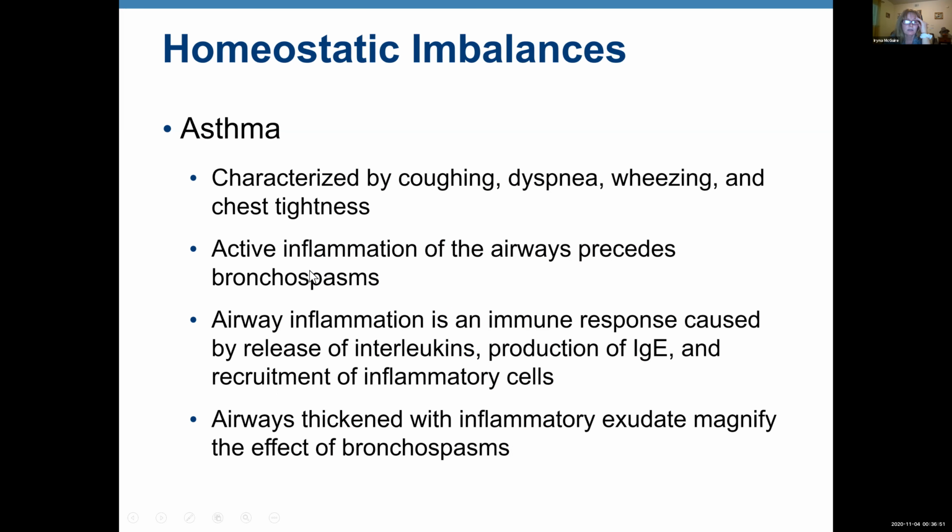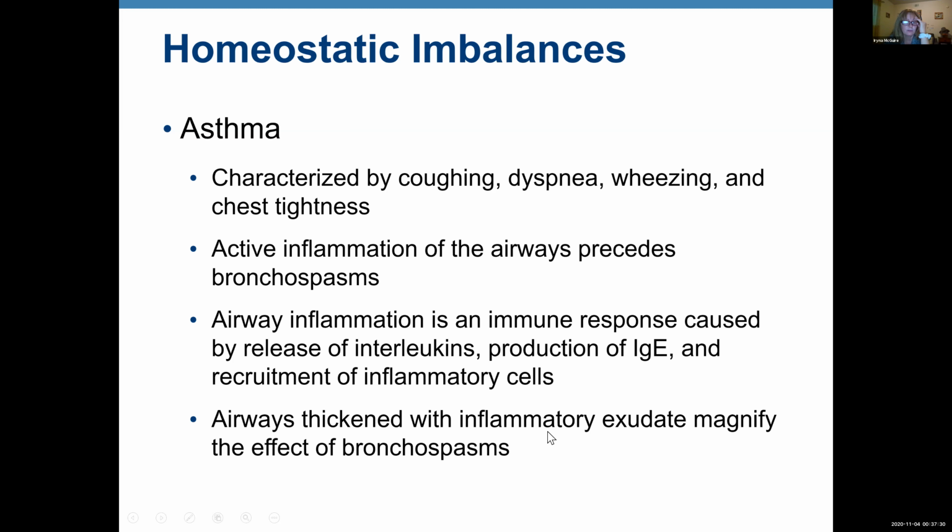Asthma is an immune disease, so it's inflammation and immune response, characterized by coughing, dyspnea, sneezing, and chest tightness. Active inflammation of the airways precedes bronchospasm. Asthma starts with inflammation, and then your immune system responds by releasing chemicals such as interleukins and immunoglobulin E, and it causes bronchospasm.